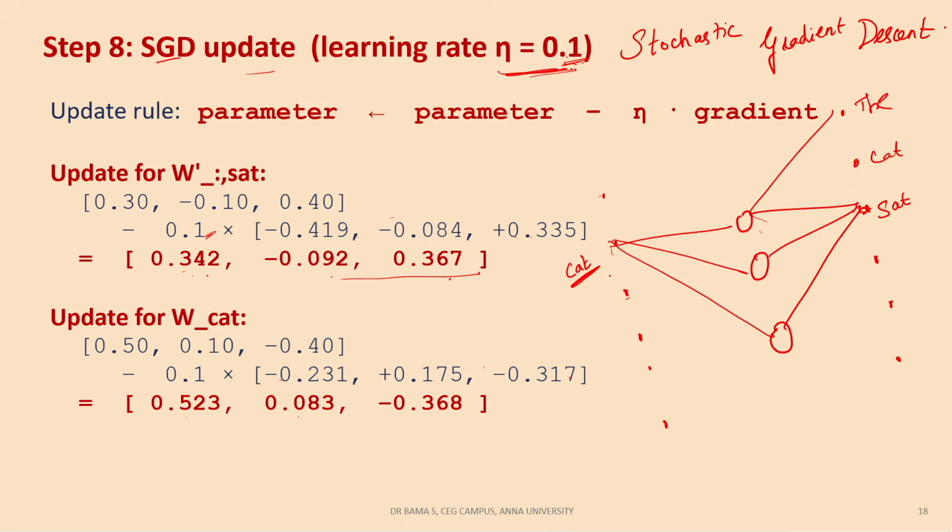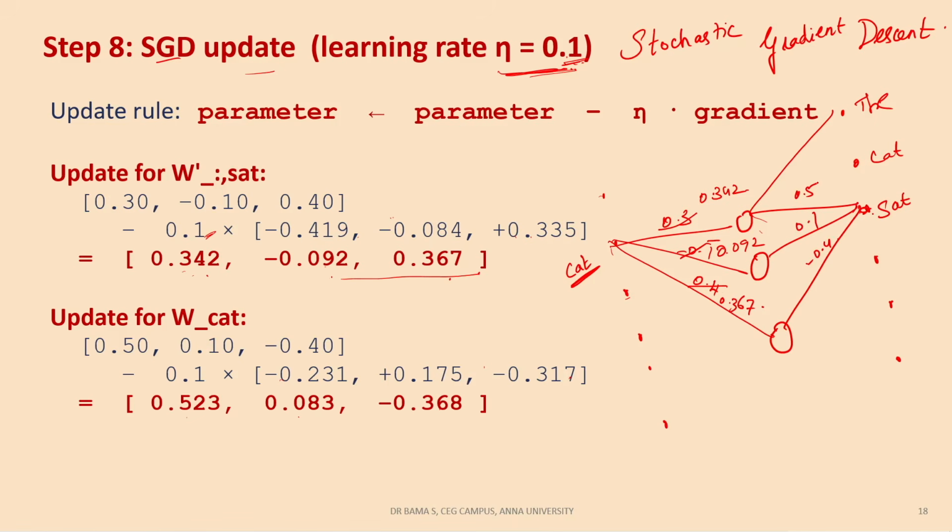So, if you see this value, earlier the value was 0.3, minus 0.1 and 0.4. Now, after one update, this changed to 0.342, 0.092 and 0.367. Now, if you look at this side, earlier this SAT was 0.5, 0.1 and minus 0.4.